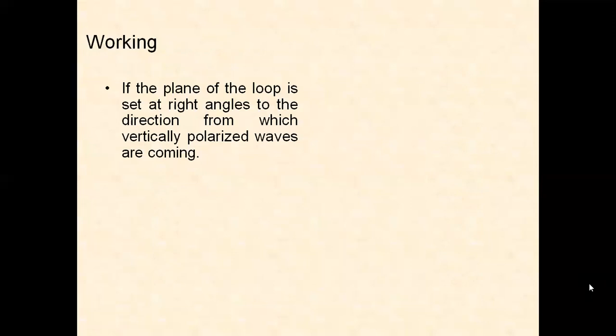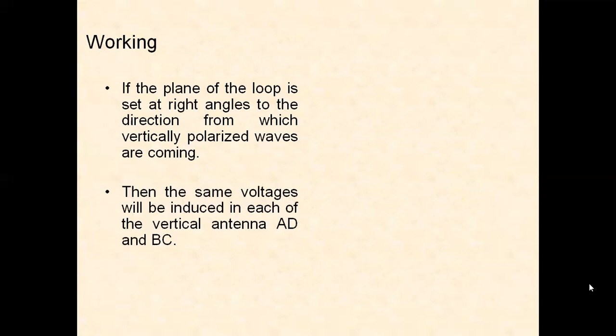If the plane of the loop is set at right angles to the direction from which vertically polarized waves are coming, then the same voltage will be induced in each of the vertical antennas AD and BC.